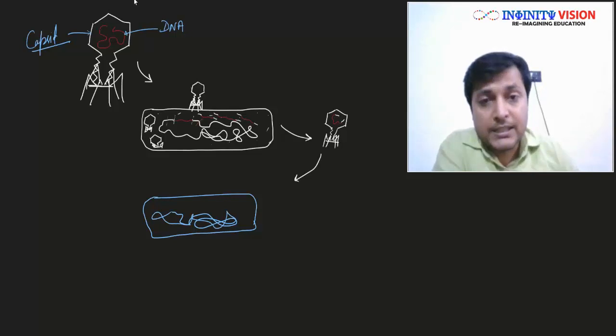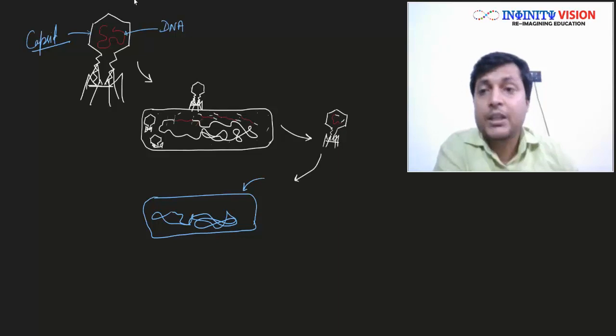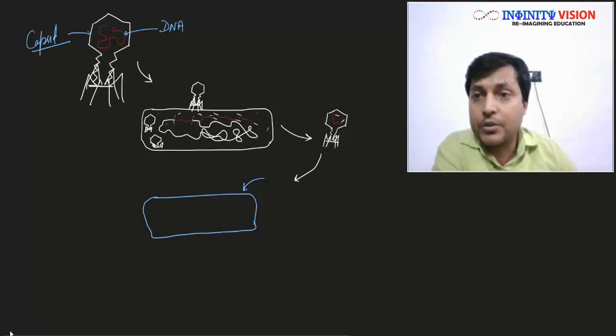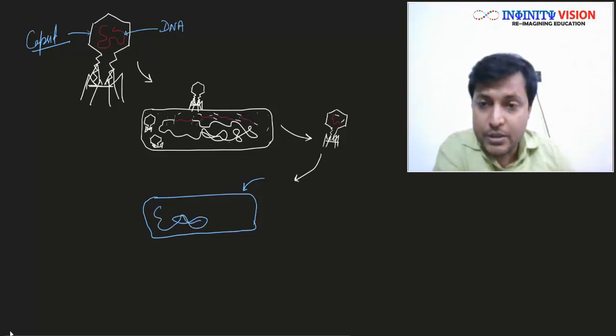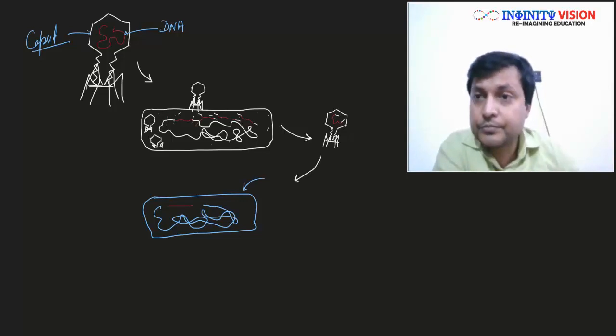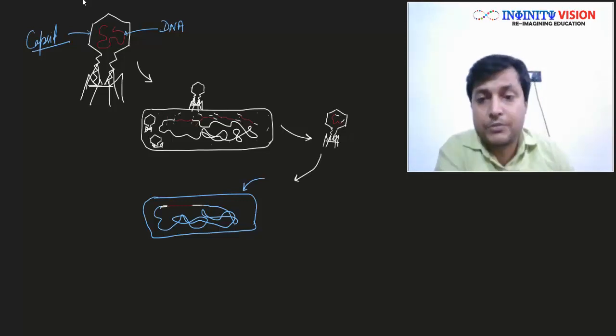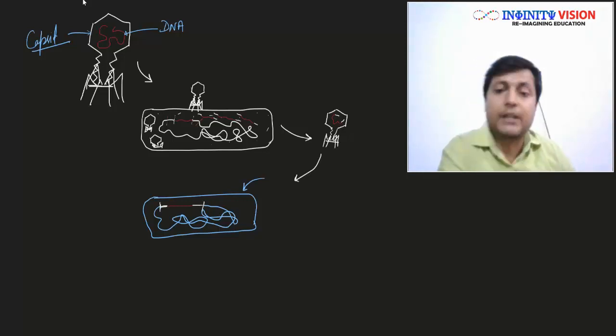Now this virus came and infected this particular bacterium, and again the same thing happened. The viral gene is incorporated into this bacterial genome, and now because of this integration, this bacterial genome looks something like this. Can you see this part?